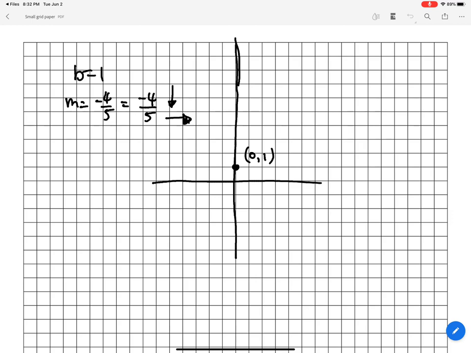So 1, 2, 3, 4, and 1, 2, 3, 4, 5. And my new point here is 5, negative 4.